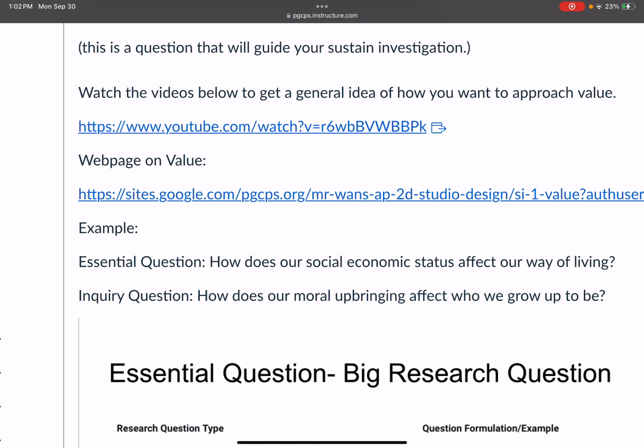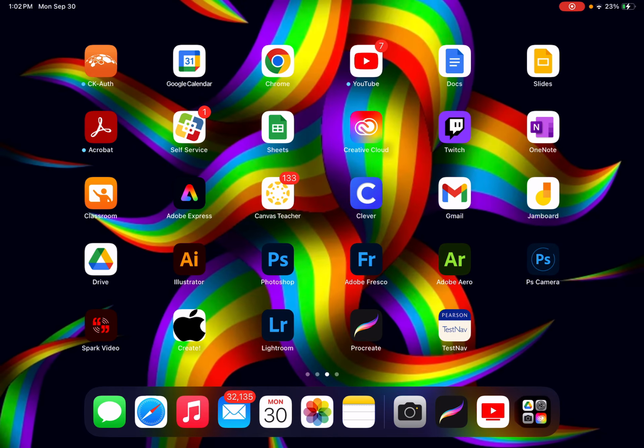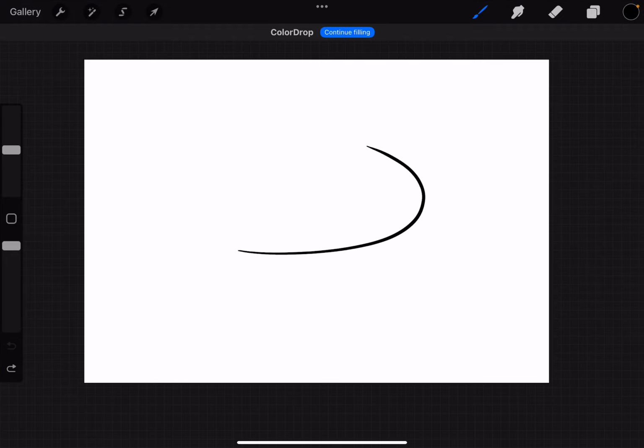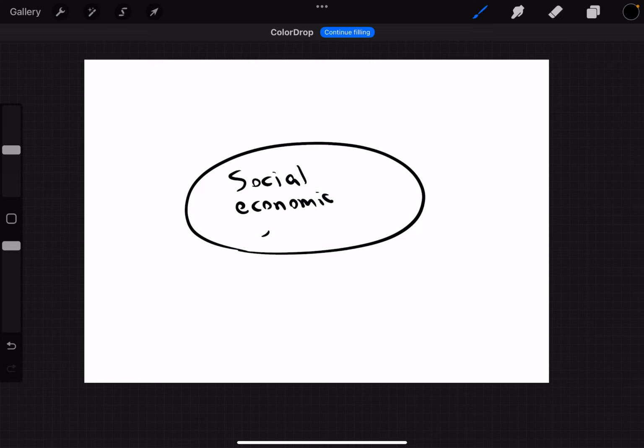So obviously socioeconomic status. I could just make a little chart on here. Social economic status. So obviously we can write some certain inquiries. You can think about poor, rich people.